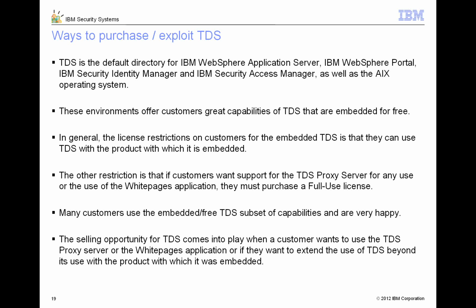Now these different product environments exploit great capabilities out of TDS, right? And all these capabilities are embedded for free. Once you purchase any of these products, TDS comes bundled for free. You don't have to pay anything extra.